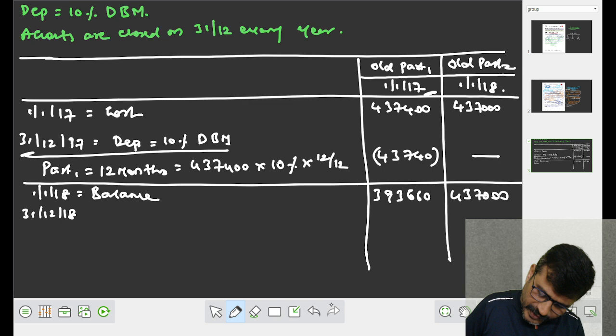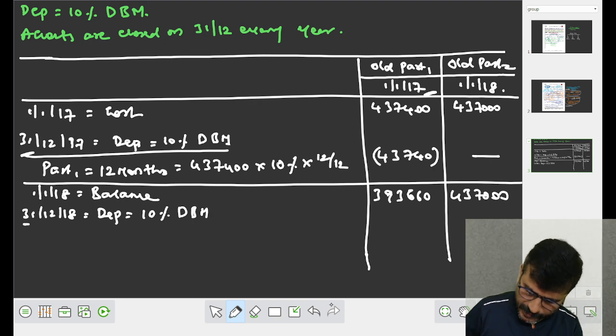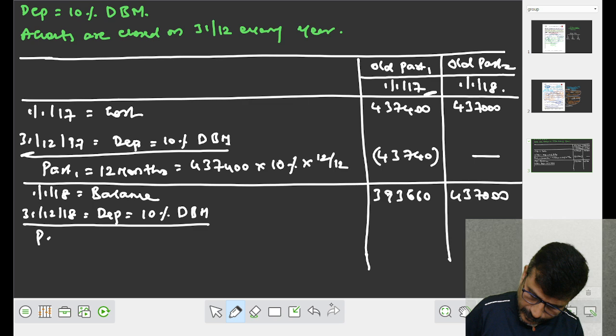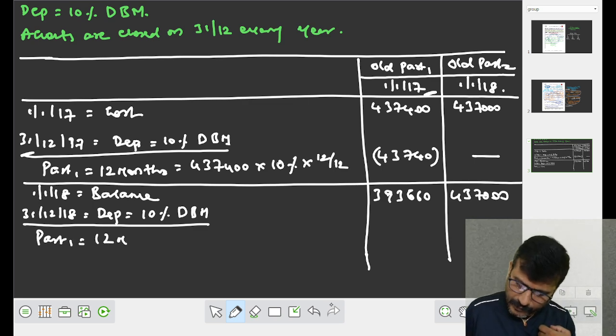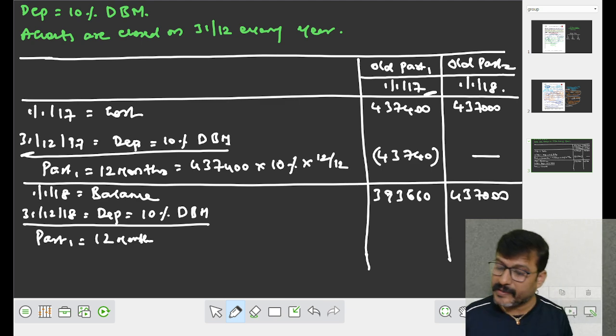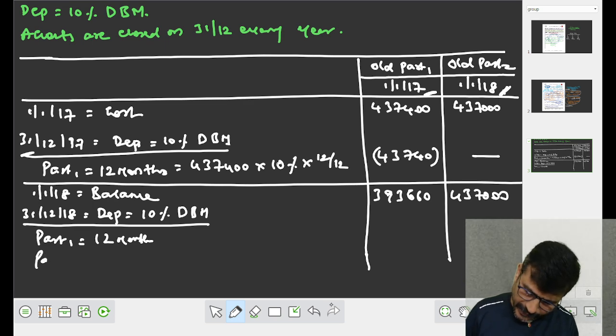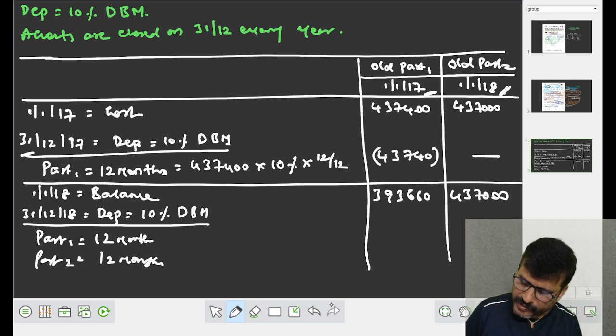On 31st December 18, depreciation 10% diminishing balance method. On part 1, it is for 12 months and also part 2 purchased on January 18. That is also for 12 months.